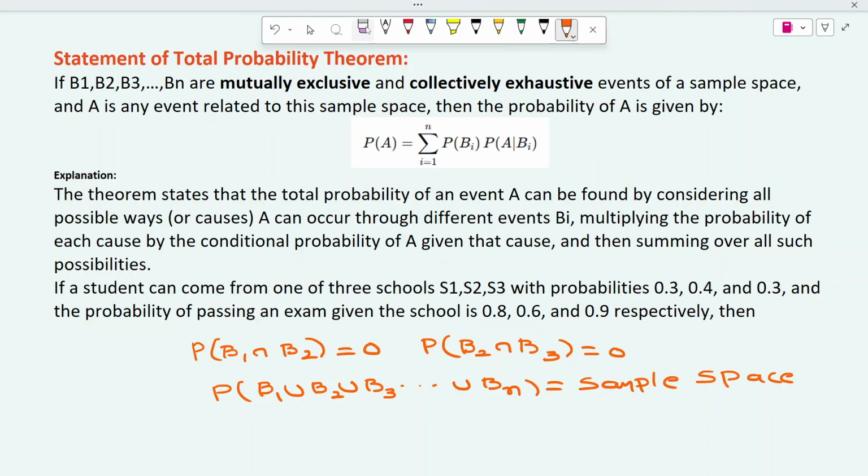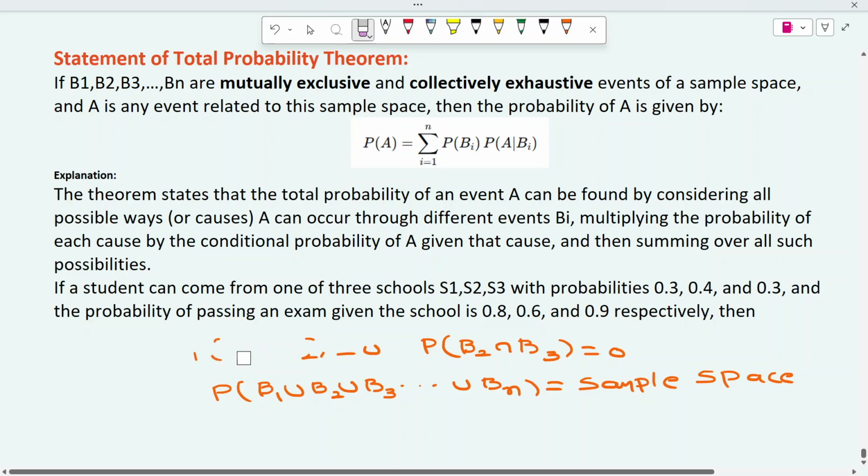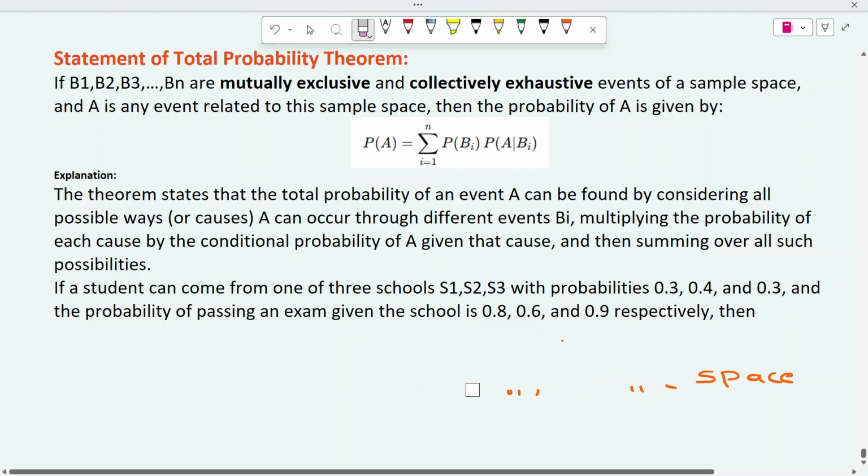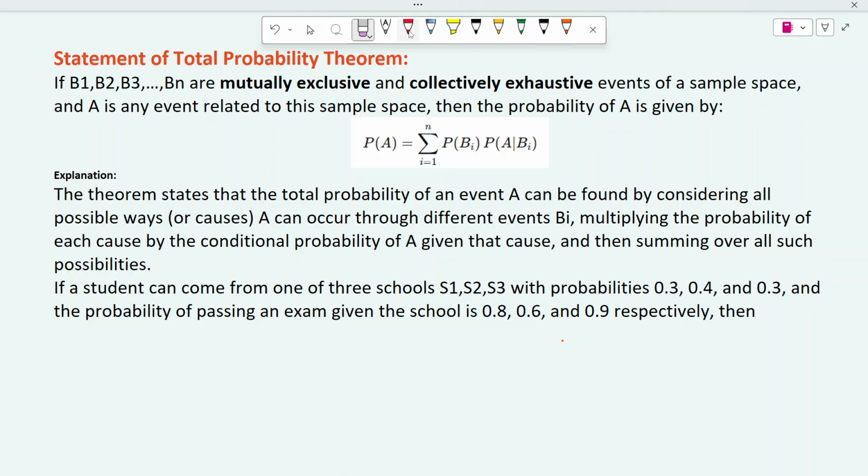So then if we define any event A on this sample space, then the probability of A is given by the summation of i running from 1 to n of the probability of bi multiplied by the probability of A given bi.